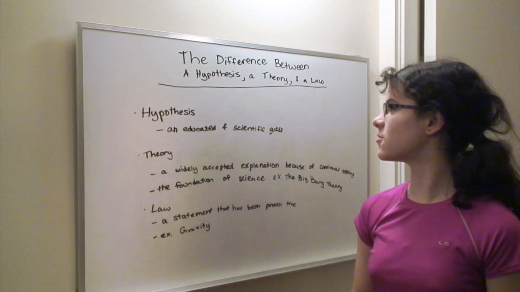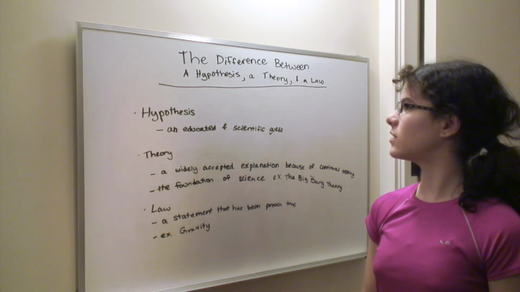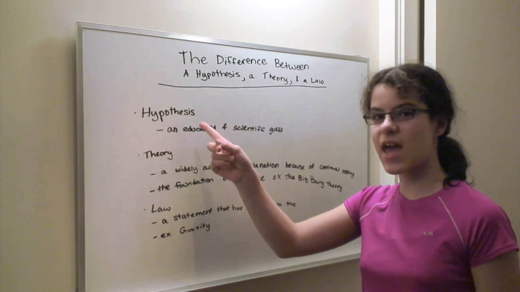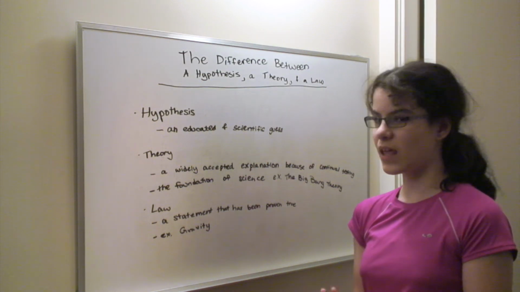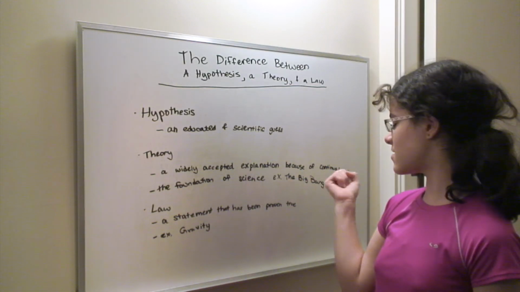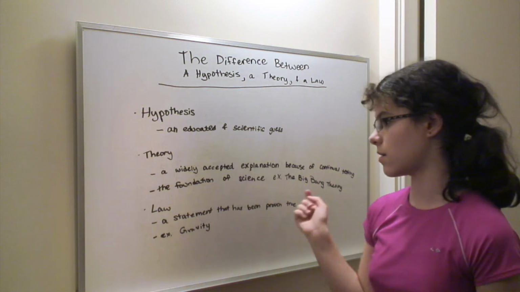The difference between a hypothesis, a theory, and a law. A hypothesis is an educated and scientific guess. A theory is a widely accepted explanation because of continual testing, like the Big Bang Theory.